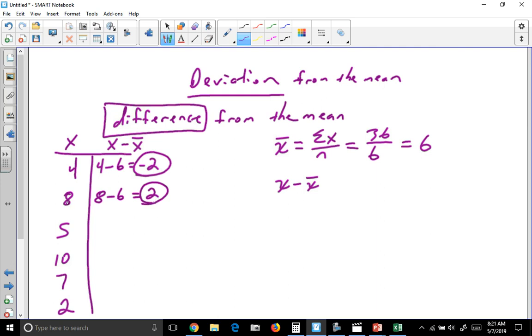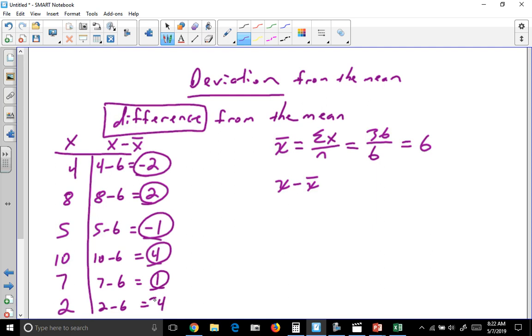That's 2 units more than the average. 5 is 1 unit below average. 10 is 4 units above average. 7 is 1 unit above average. And 2 is 4 units below the average. So those are the individual deviations for this particular set of data.